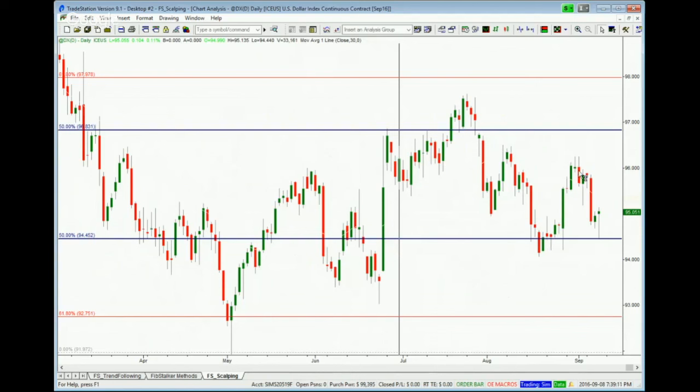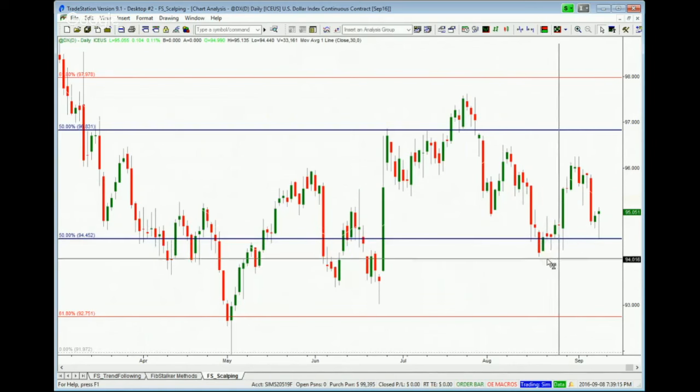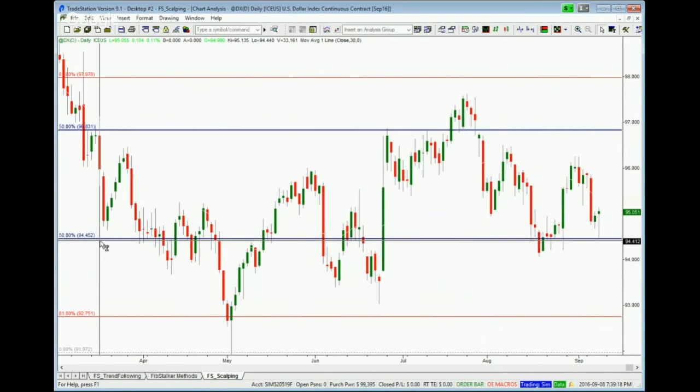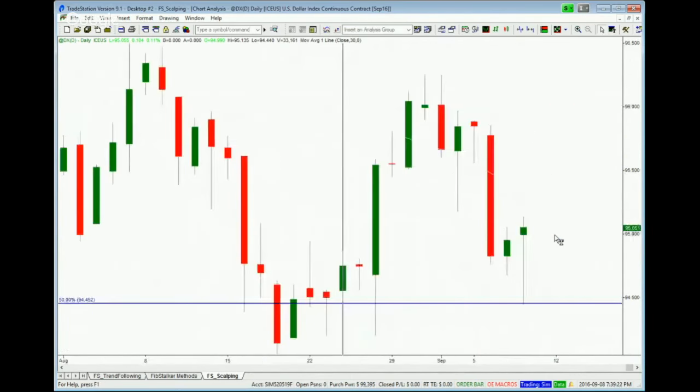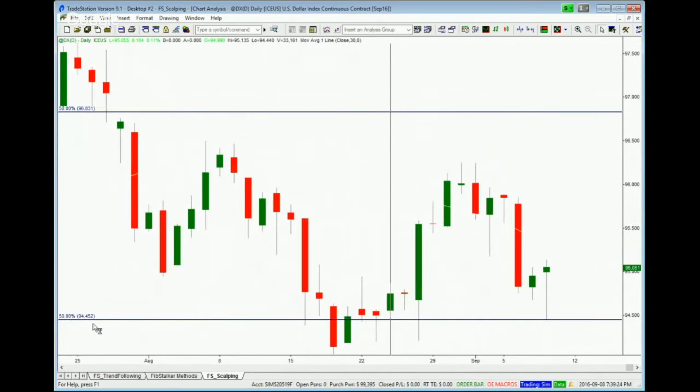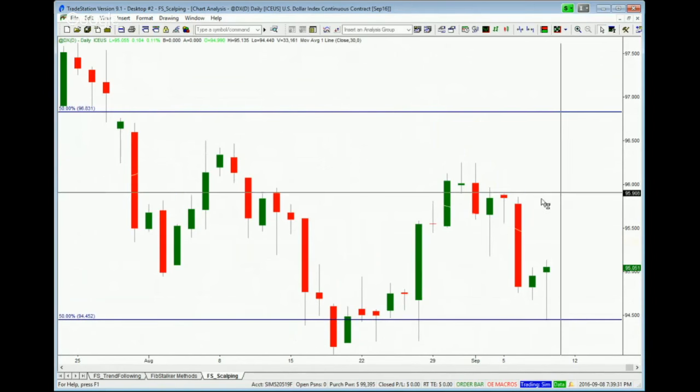So I believe, and you can clearly see here, that algos have started picking up this market at 94.45. And you shouldn't be surprised, if you know my work and what I do, that this market came back just on top of the 94.45, and then there was a renewed participation on the long side.